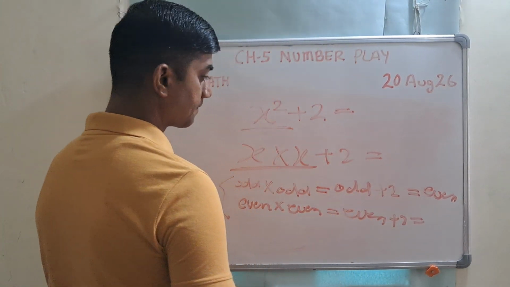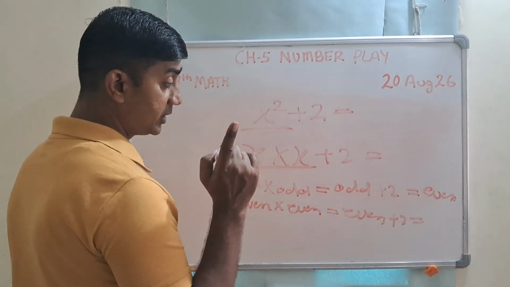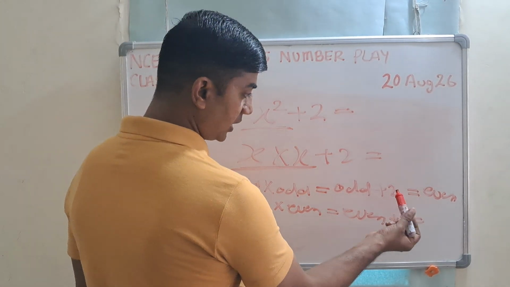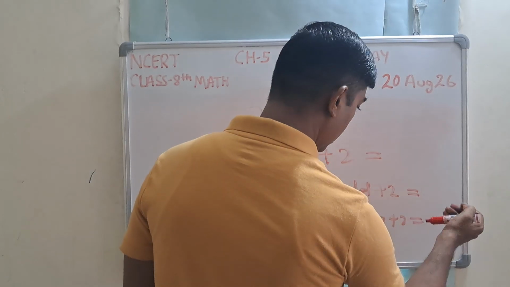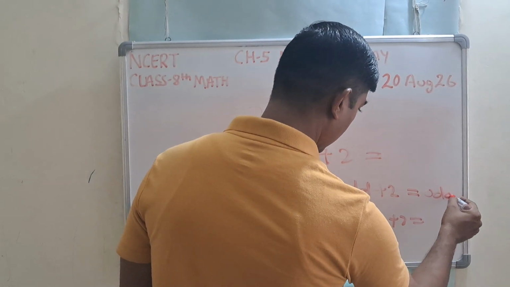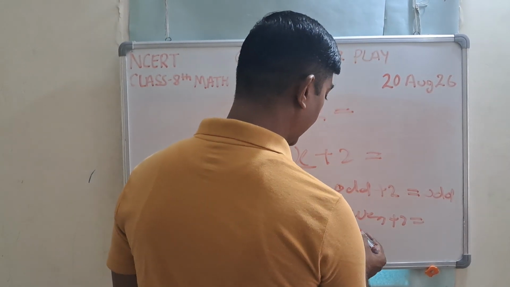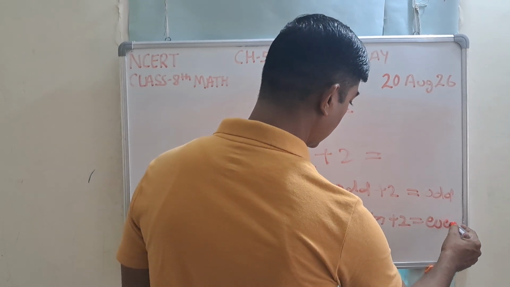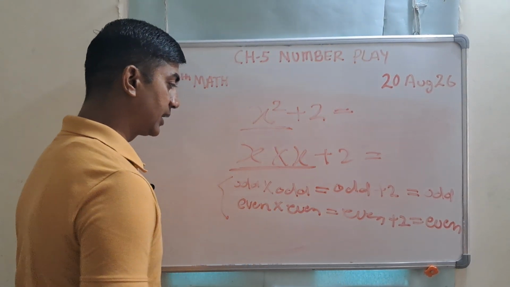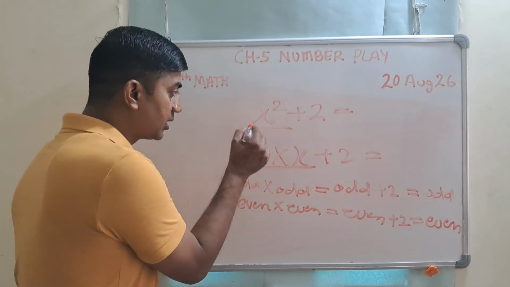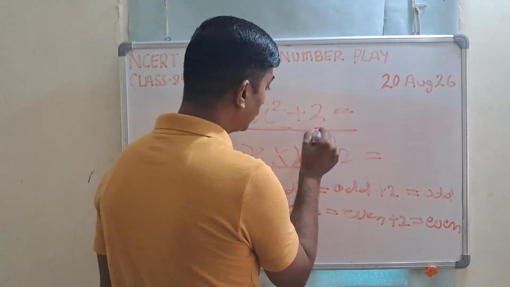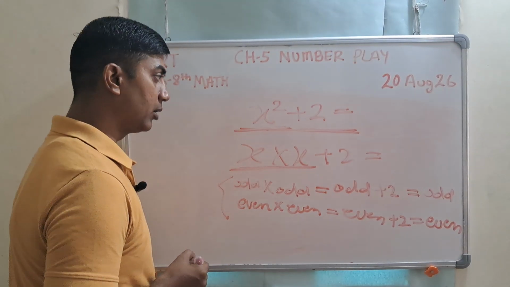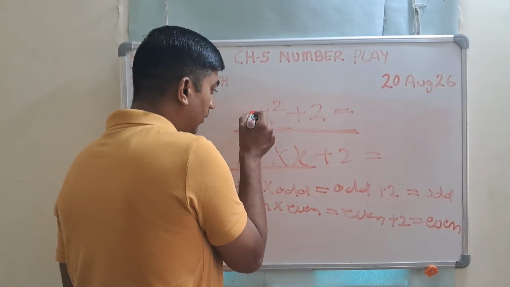Now see, what we have seen, this is even. Odd plus even is always odd, and even plus even is even. Now this is our final result, that this expression will give us two results, it may be even or it may be odd, depending upon the value of x.